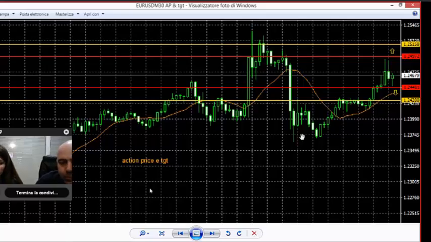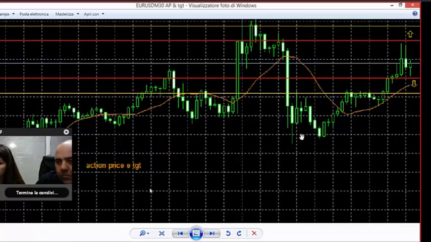Second reason, the trading range is wrong. So now we have, apart, the control of the market.